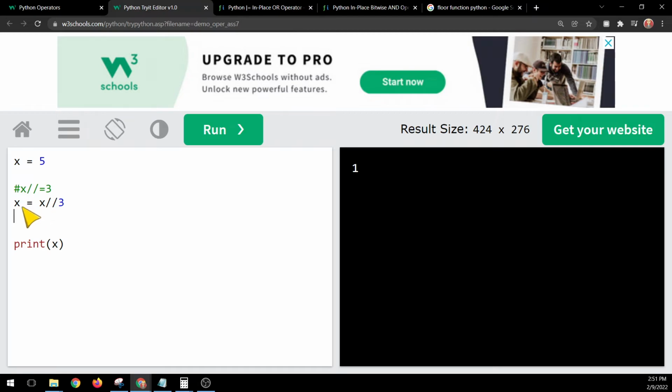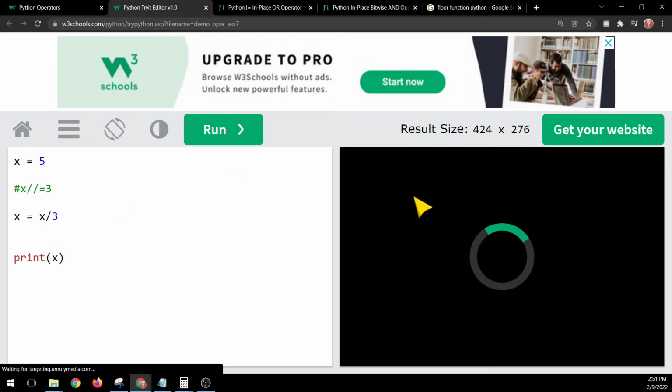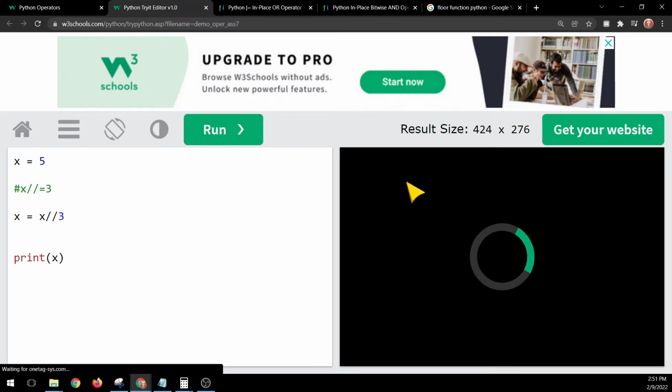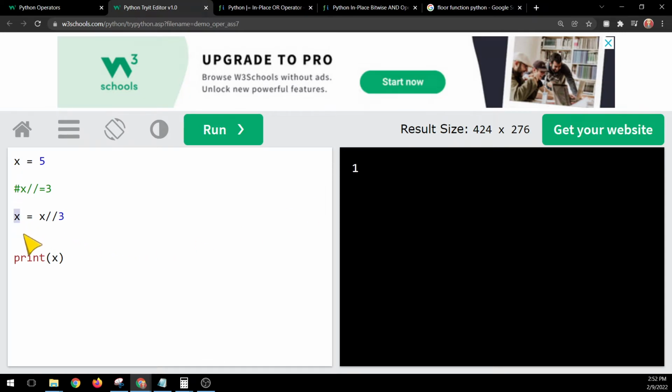Let me just show you here. Let's divide x by 3 normally. 5 divided by 3 normally is 1.666 something. Then if you floor that, rounding down, you end up with 1 as a result. That's why here x is equal to 1.